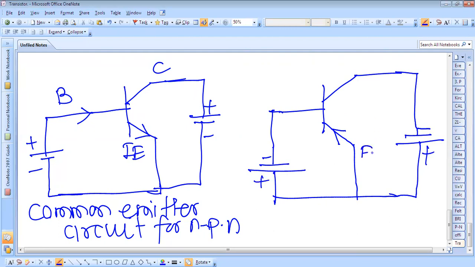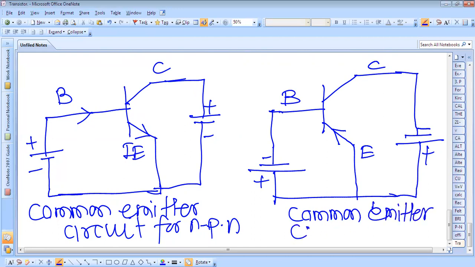So this is the emitter, this is the collector and this is the base. So this is a common emitter circuit for a PNP transistor.